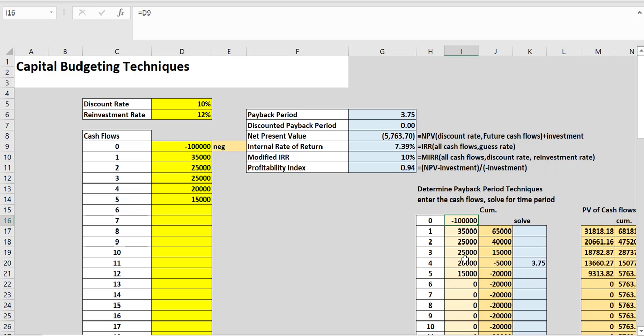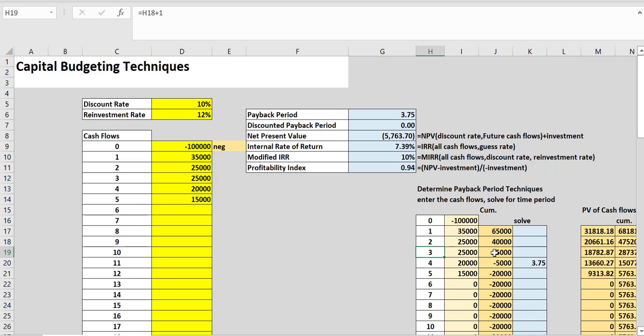So somewhere in this year, between year 3 and 4, we're going to get all of our money back. So the technique just says, look, when this thing turns negative, you take the year before, 3 years, and we need to know the portion.